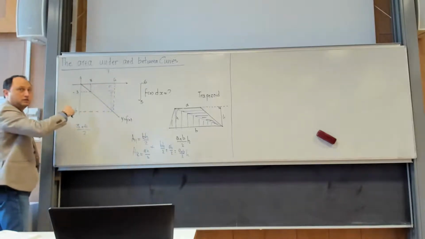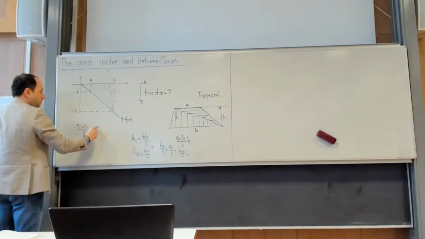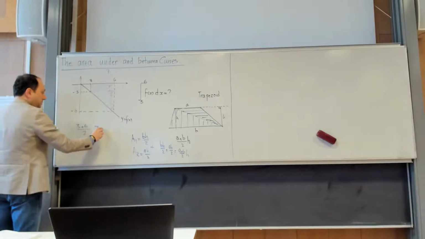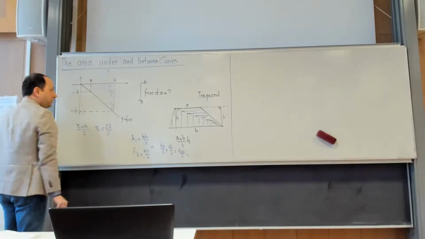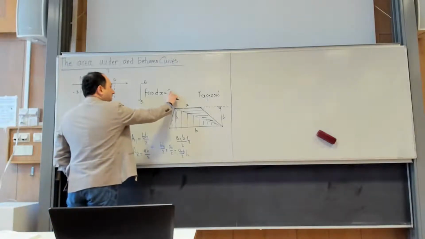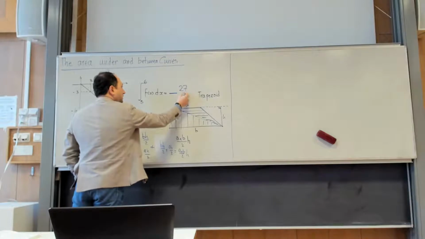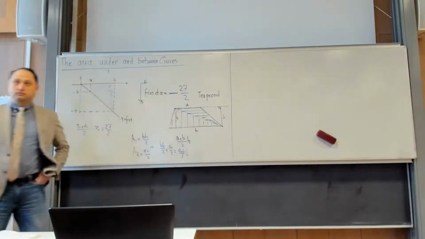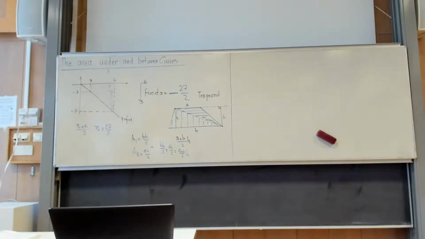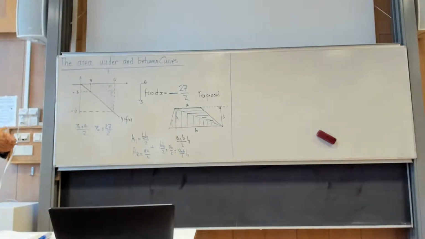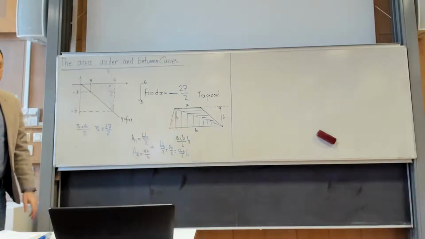Do you agree? And then if you calculate this, it is 27 over 2. But what should I write here? Minus 27 over 2. Is that understandable? Okay. So that is one point that I haven't talked about before: if the area is below, how you need to calculate the areas.